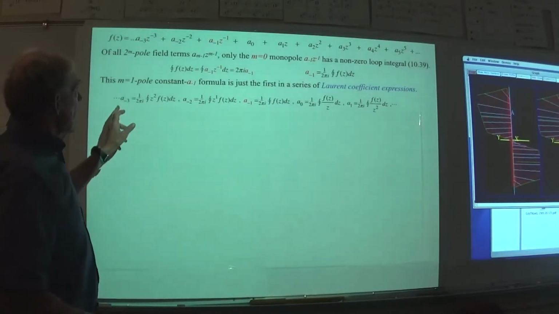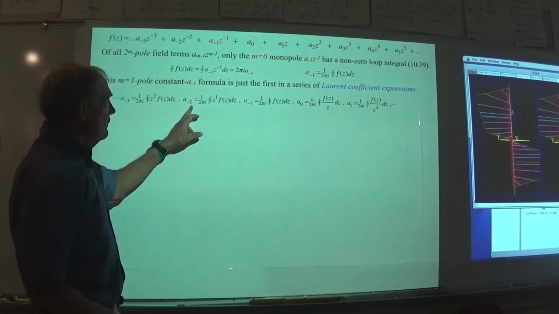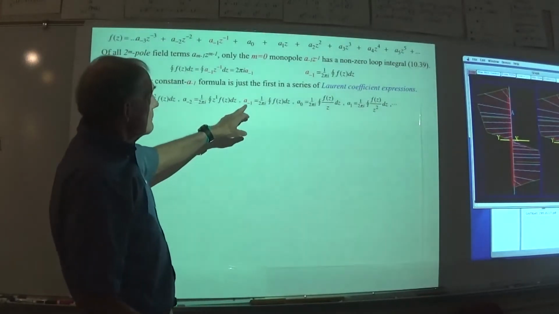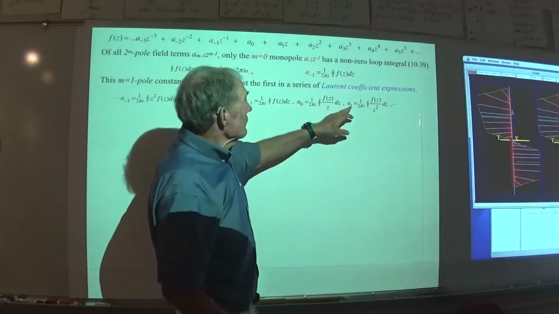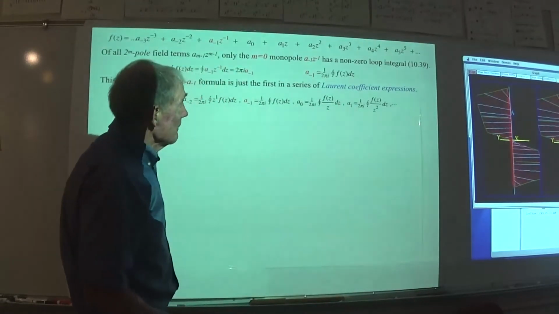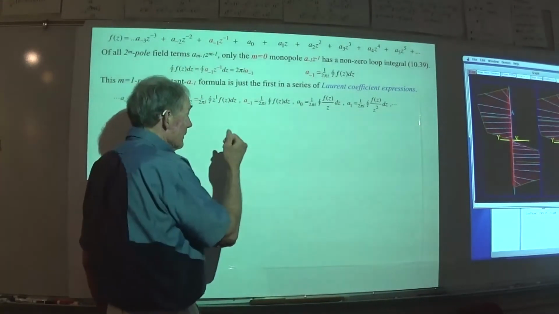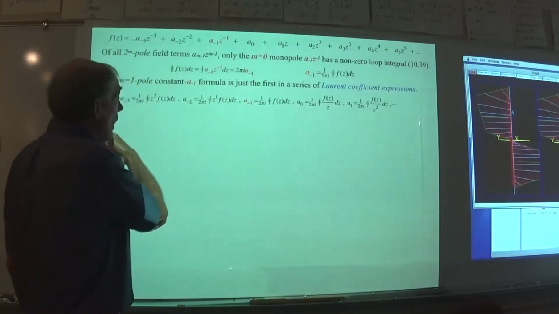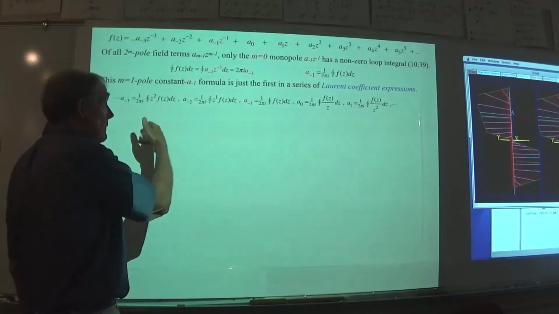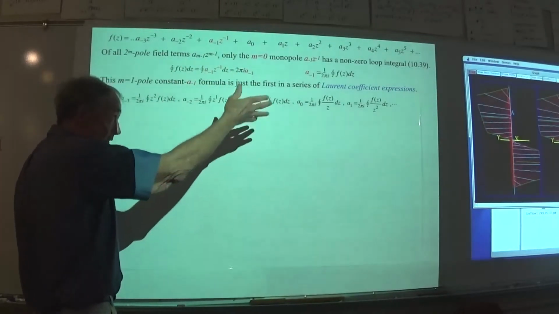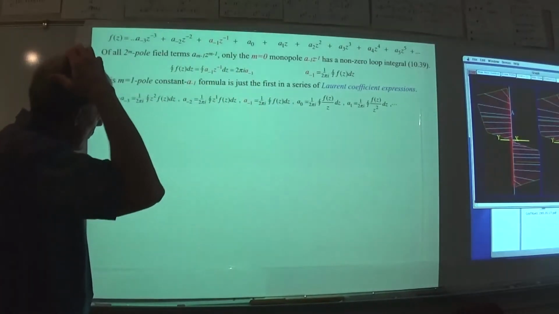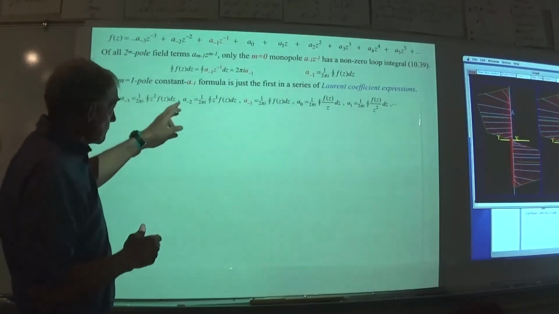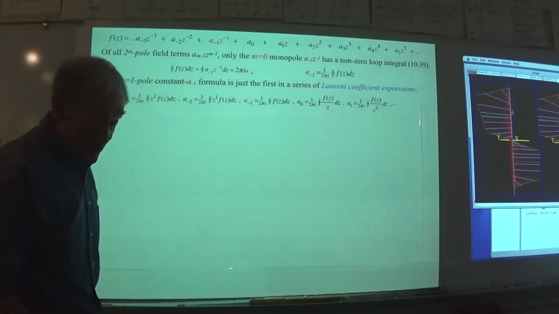But the basic idea is that each of these coefficients that represent the dipole, quadrupole, octupole, whether it's at home or at infinity, they all correspond to functions that have these as coefficients.